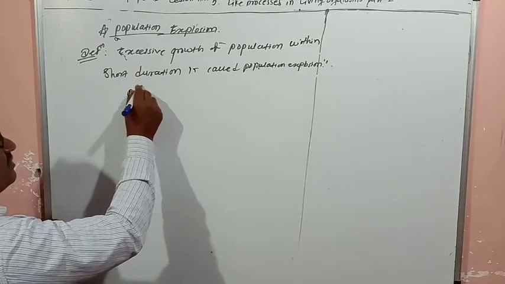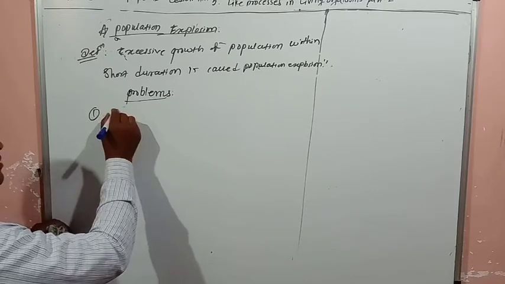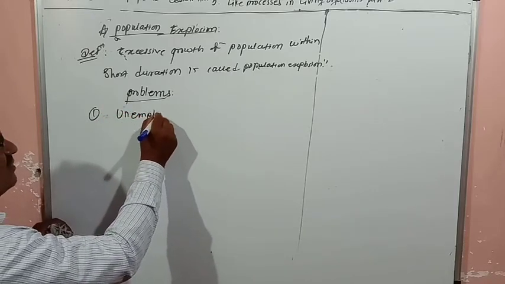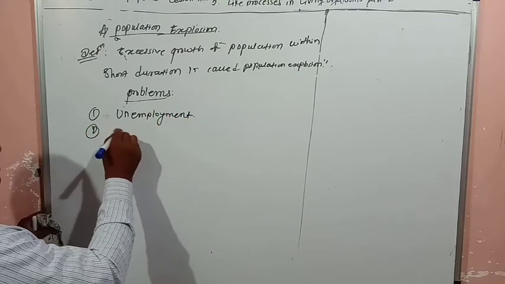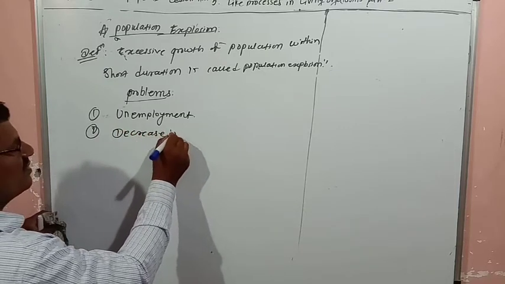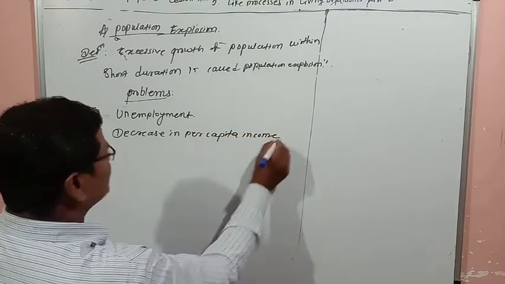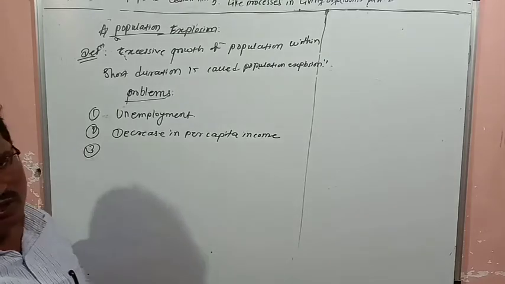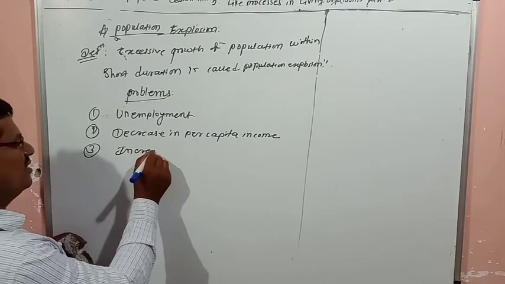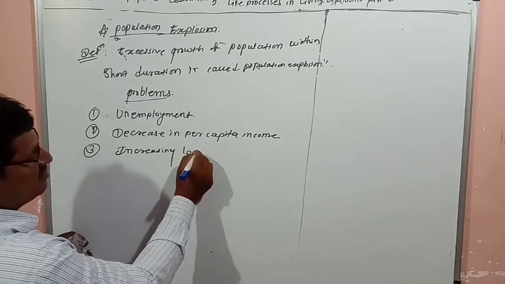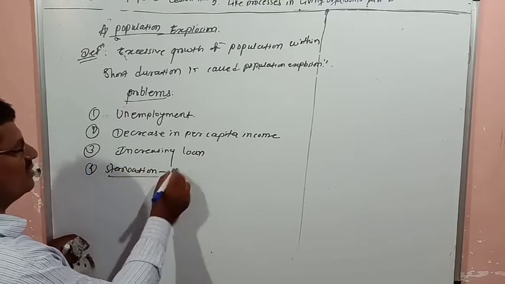Problems related to population explosion. The first one is unemployment. Second, decrease in per capita income. Third, increasing loans. Fourth, starvation, that means a lack of food.